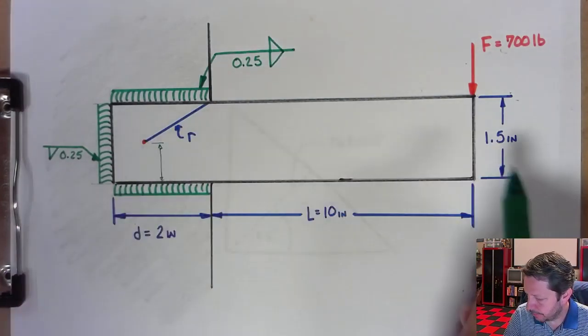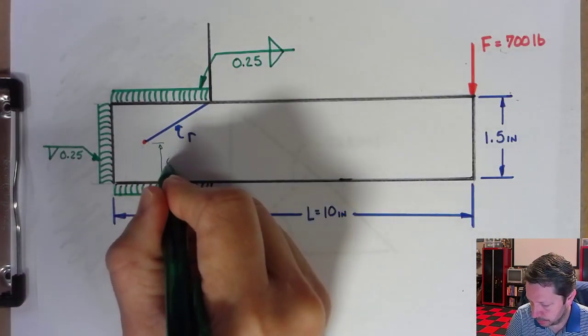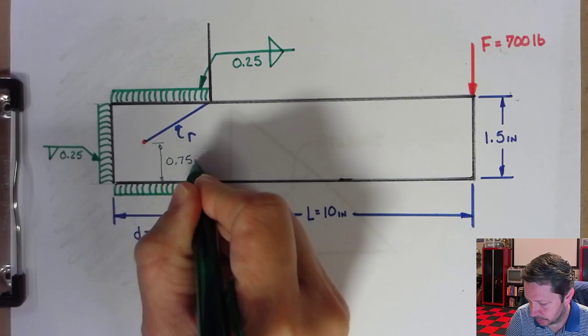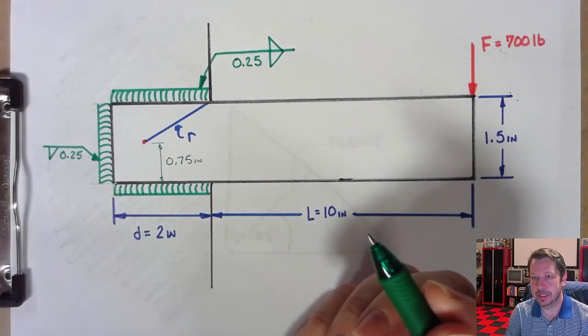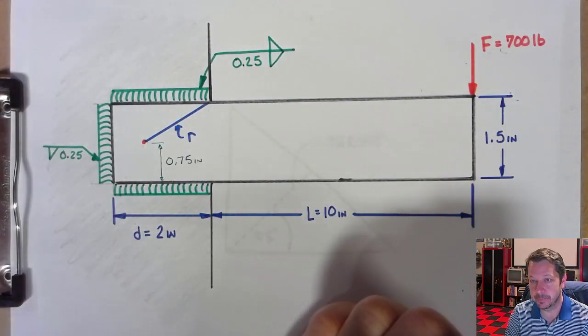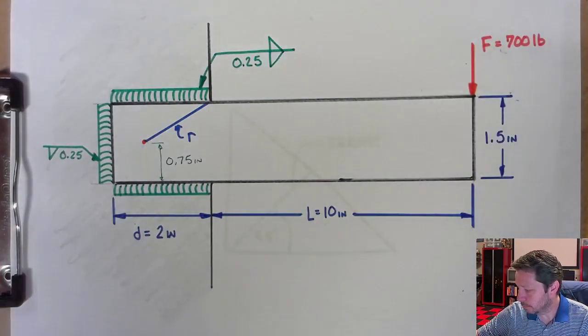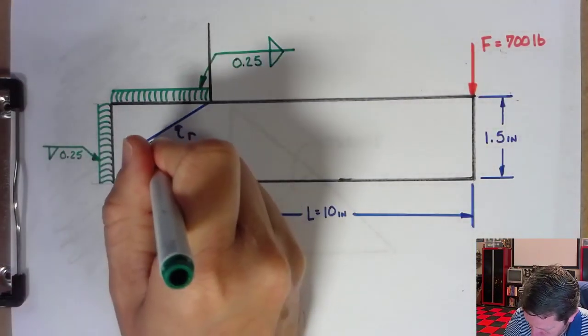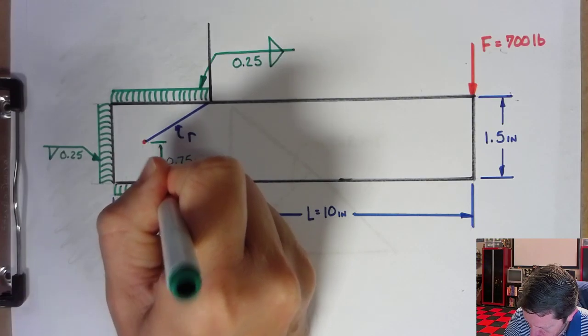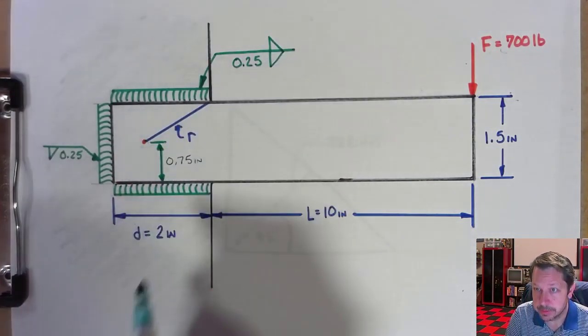It's just going to be half of 1.5, so this is just going to be 0.75 inches. So we can do that one more by observation to find that location for the centroid. So that's 0.75.